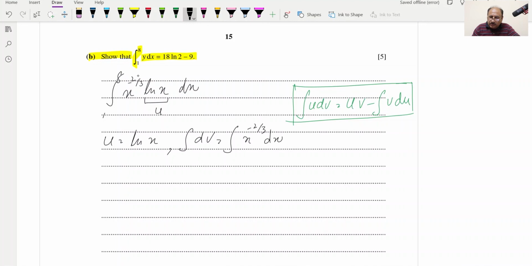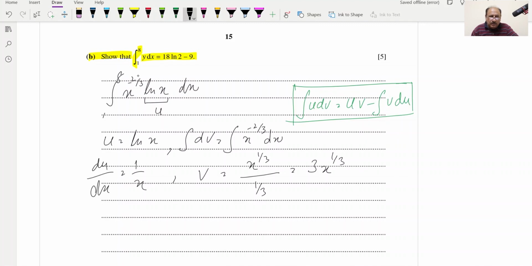This will be the dv value. So we can take the derivative: du over dx will be equal to the derivative of log x, which is 1 over x, and v, when we integrate this, will be 3x raised to the power 1 by 3.